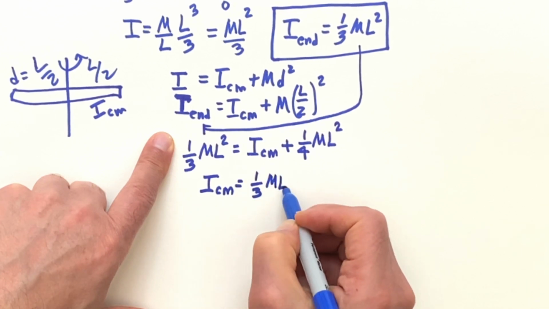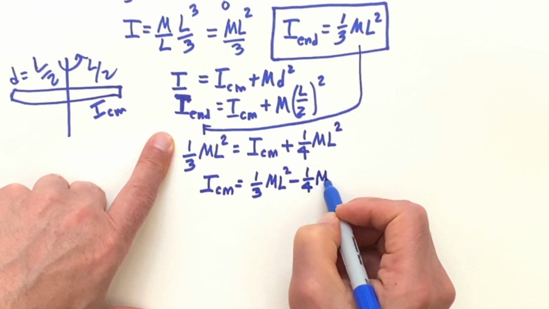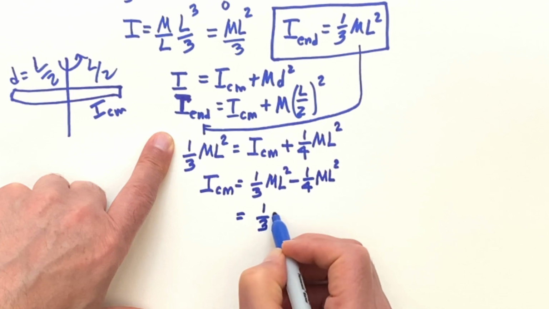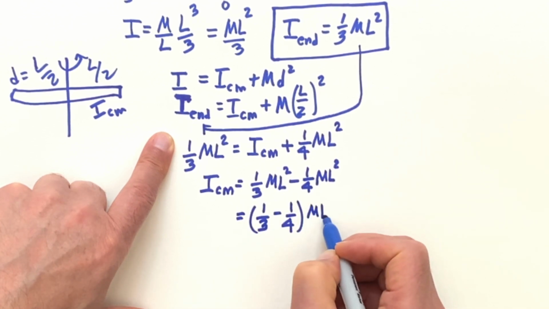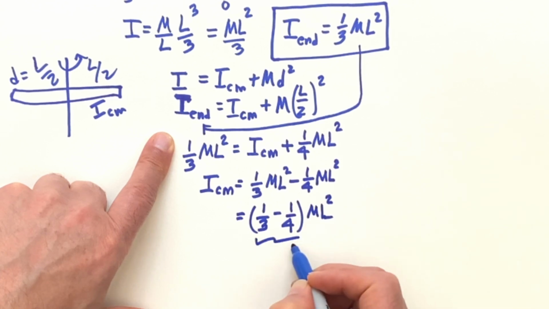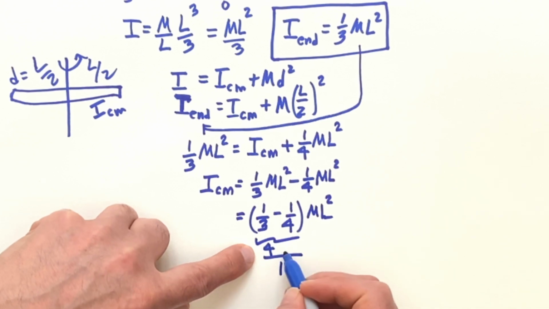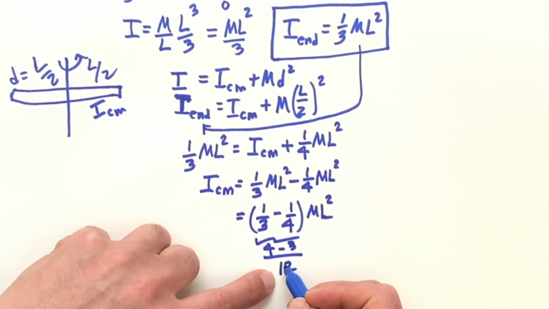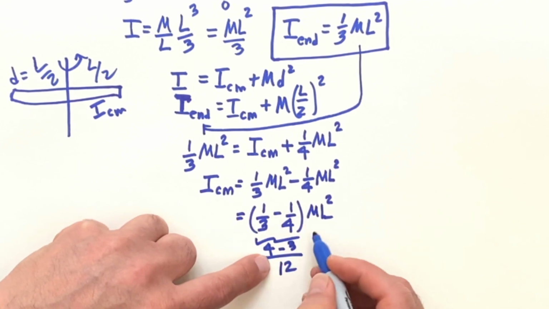So our answer, I center of mass, is equal to 1/3 mL squared minus, taking this on the other side of the equation, 1/4 mL squared. And we're basically taking 1/3 minus 1/4 since the mL squared factors out. Common denominator is 12. 3 into 12 is 4, so that's a 4 over 12. 4 into 12 is 3, so let's just check. 4 over 12, 1/3. 3 over 12, 1/4, minus sign in between.